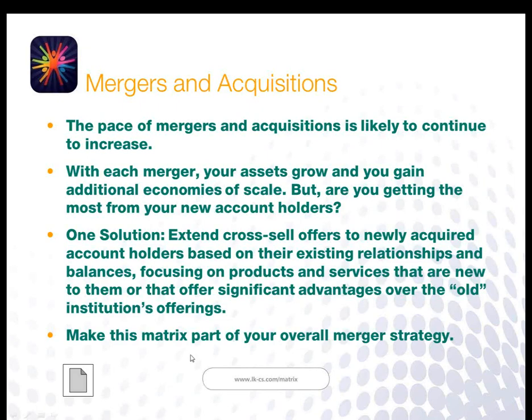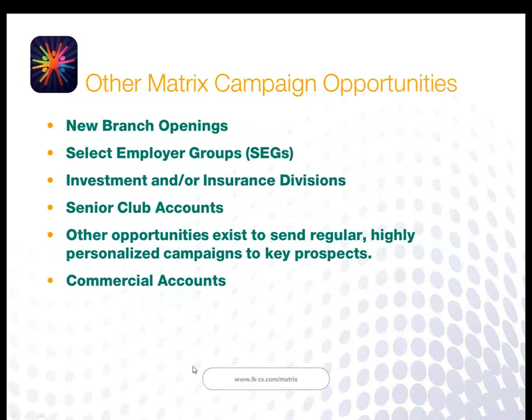There are other opportunities for matrix campaigns. I just haven't necessarily illustrated examples for them. But anytime you open a new facility, obviously both to the account holders at that facility and even to the community around it, there are matrix campaign opportunities. For the credit unions that have large segs, there are opportunities for matrix campaigns that are seg specific.